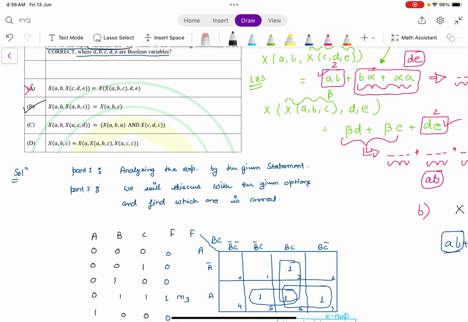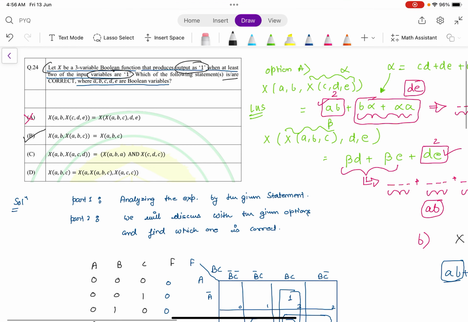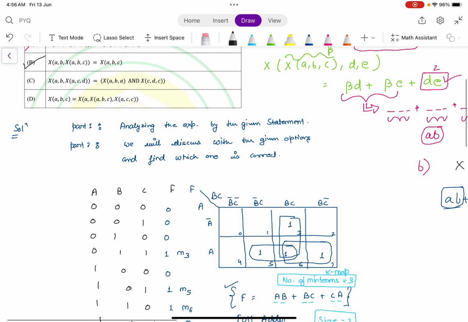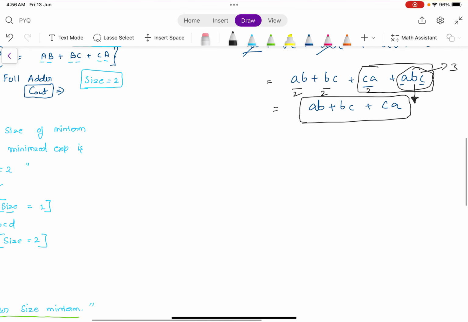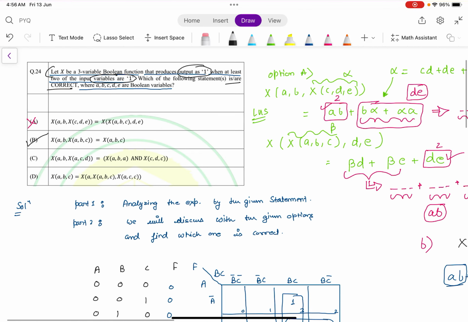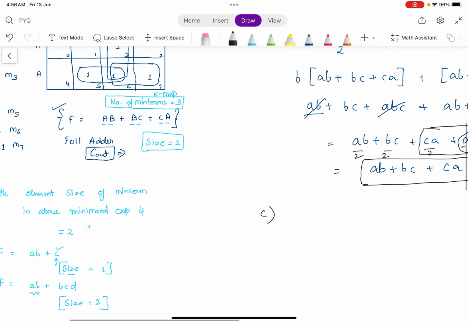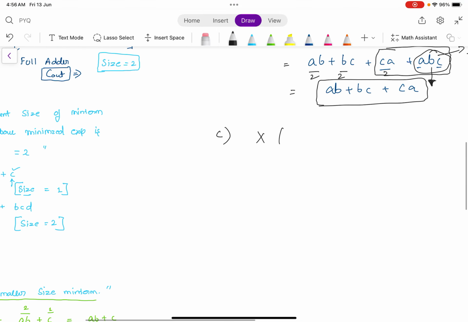Now analyze, because the question says one or more options are correct, so it can be a multiple choice. Let's go with option C. Option C says X of AB, ACD on the left.